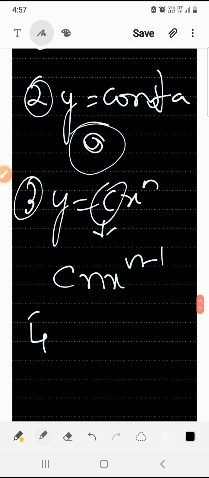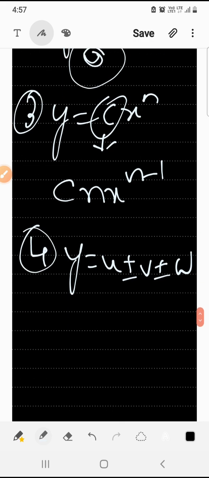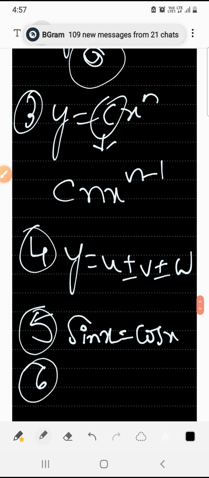The fourth is to differentiate one by one: y equals u plus v, differentiate term by term. The fifth is the differentiation of sin x, which is cos x. Cos x differentiation is minus sin x.